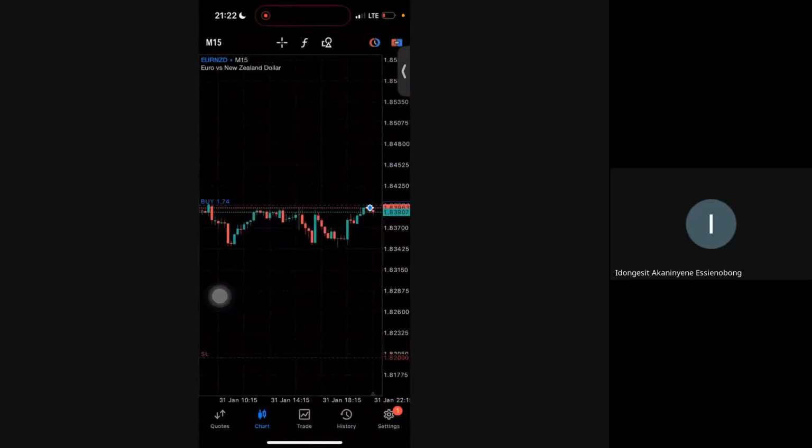But let's say this is our stop loss right here, and you put it at break even. This line here will come back to your entry line. You may not even really see it, but it comes to your entry line, meaning that you have break even. And if price does not go your way any longer, you will just be losing your trade. The broker must make more from you. Okay, that's break even.